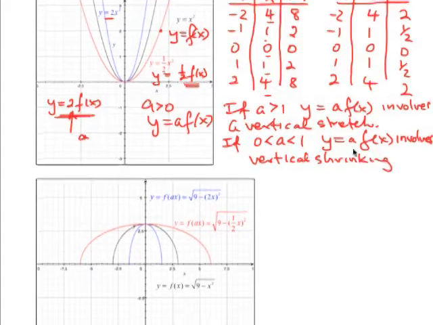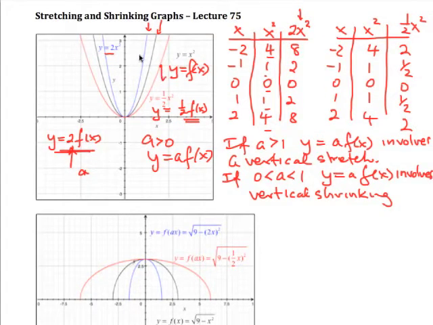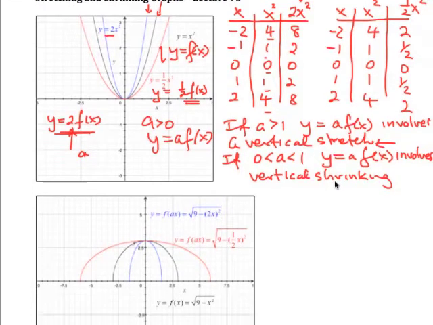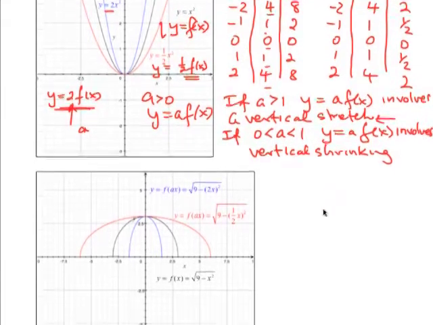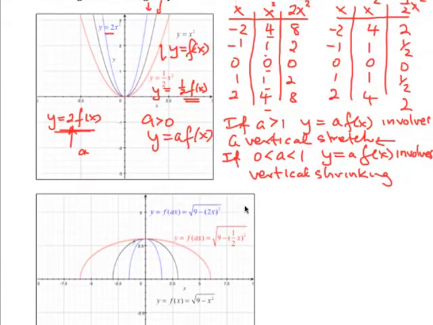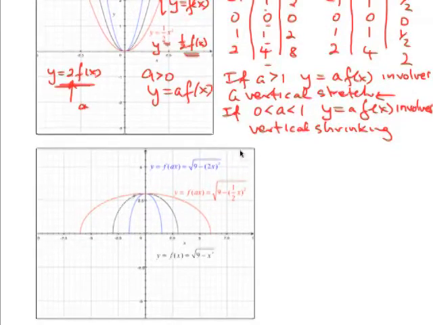And you can see why, because basically this has all gone down this way, and so it's gone wider. And so you can see here 2 conditions. When a is greater than 1, it involves a vertical stretch, okay, and if it's between 0 and 1, then we get a vertical shrinking.